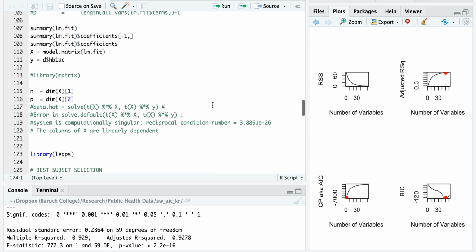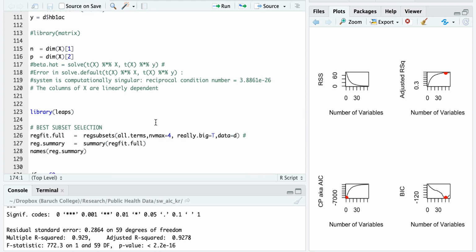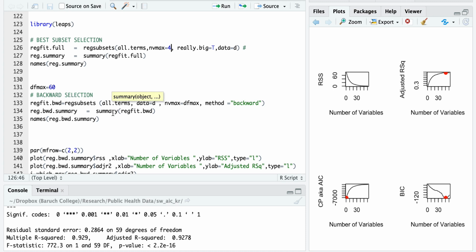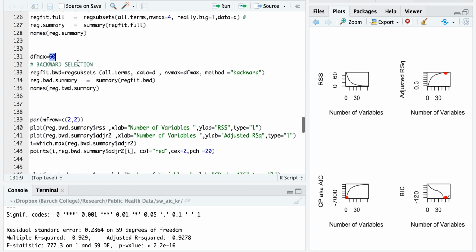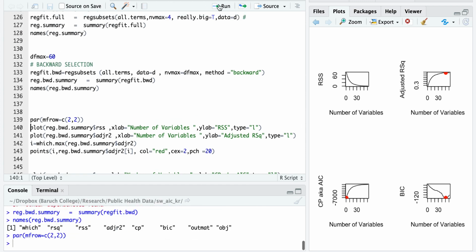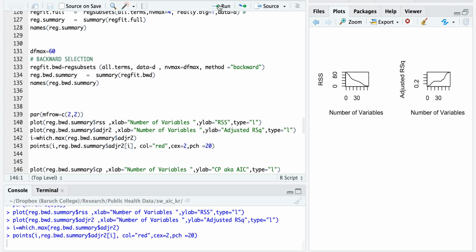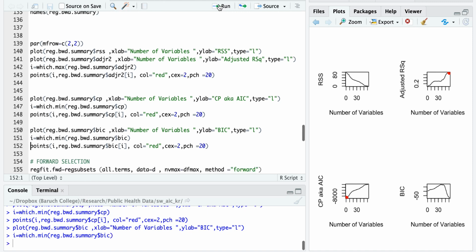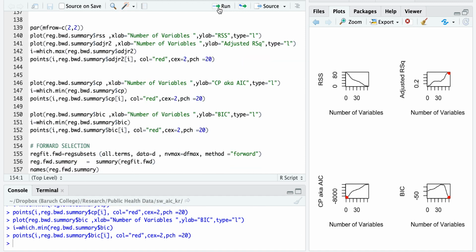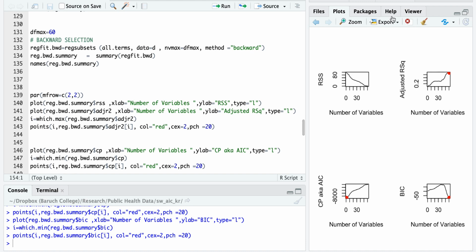Okay, so we do the regular fit with 4 variables because it takes forever, and then we do backward selection, starting with 60 variables, and we plot some summary statistics here. So this is backward actually.